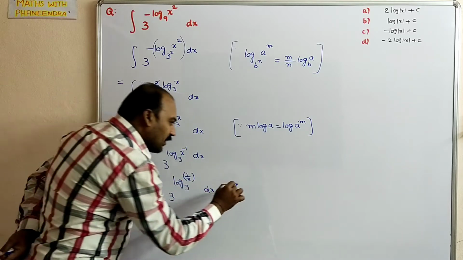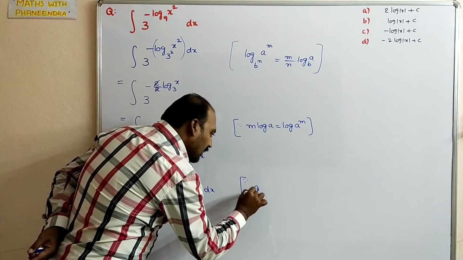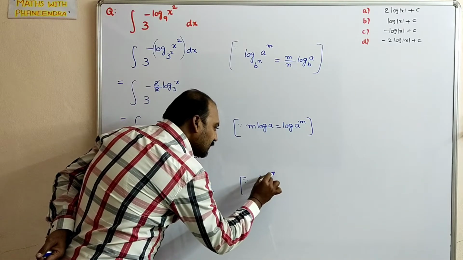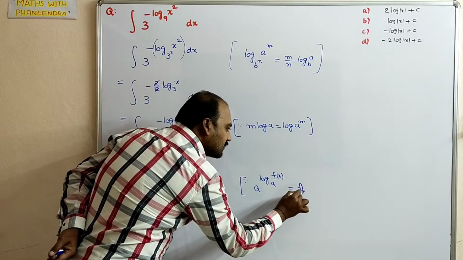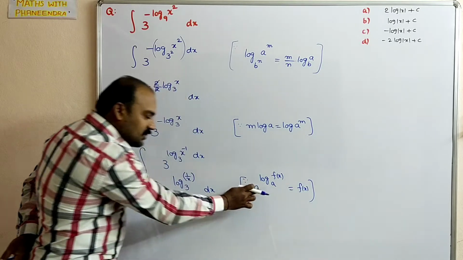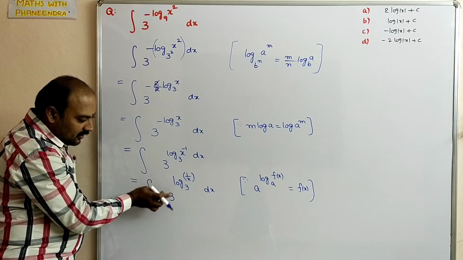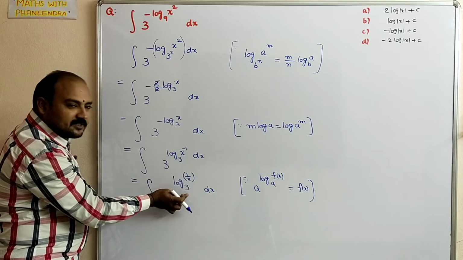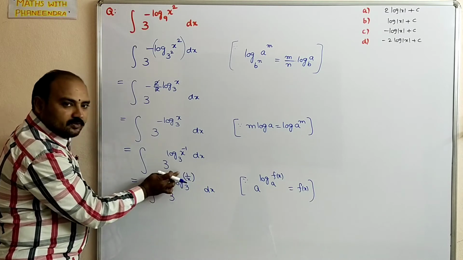Again, by using the formula a power log f of x to the base a is equal to f of x. So by using this formula, it is in the form of 3 power log f of x to the base a, where a is equal to 3 here. So f of x is what? 1 by x.